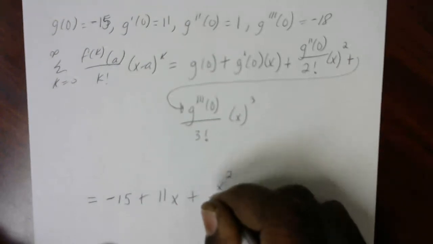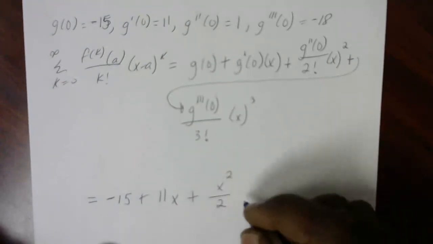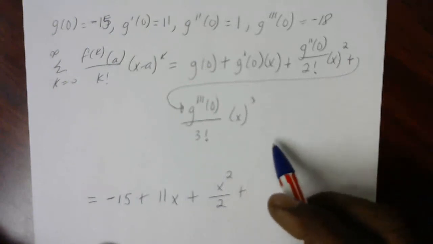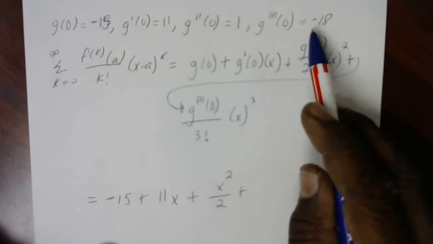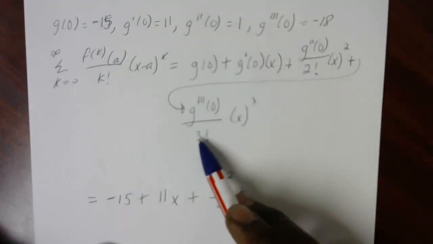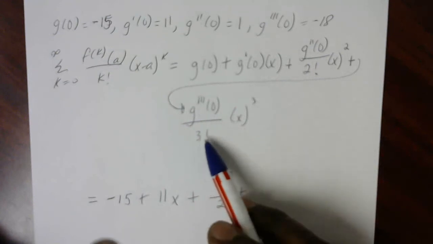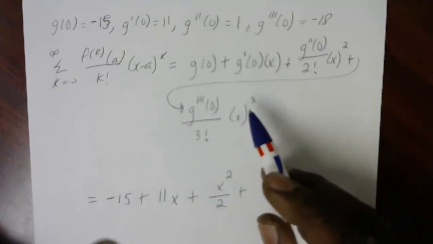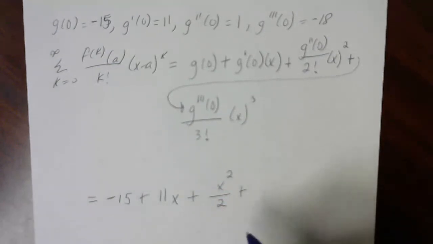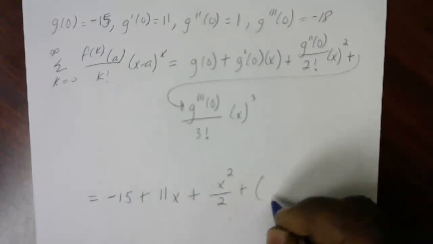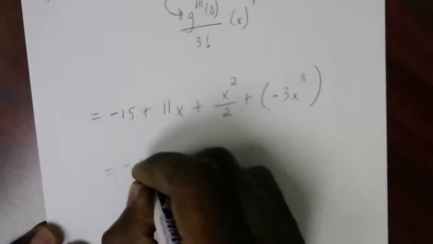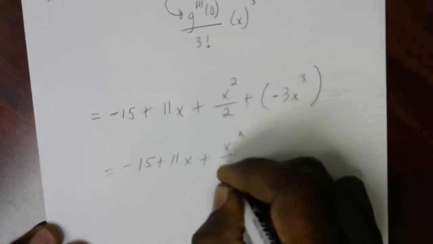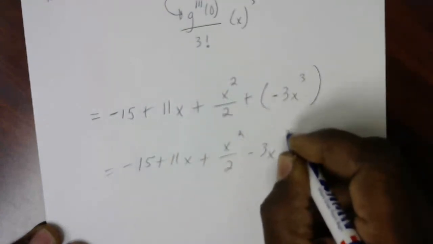I'm going to write that as x squared over 2, plus g triple prime of 0, which is negative 18, divided by 3 factorial, which is 6, times x cubed. So 18 divided by 6 is 3, so that would be a negative 3x cubed. So this is negative 15 plus 11x plus x squared over 2 minus 3x cubed.